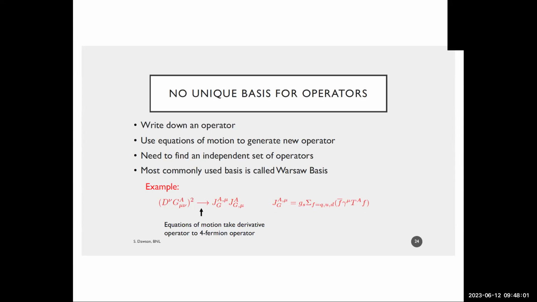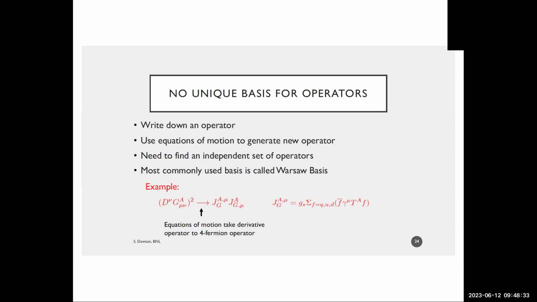So I said there were 2,499 operators at dimension 6. I like that number, but there's not a unique basis for writing down all these operators, because I can write down any dimension 6 operator that's gauge invariant under SU3, SU2, U1, and then I can just use the equations of motion to generate a new operator. For example, here's a nice operator: the derivative of the gluon kinetic term squared, so (D^nu G_mu nu) squared.